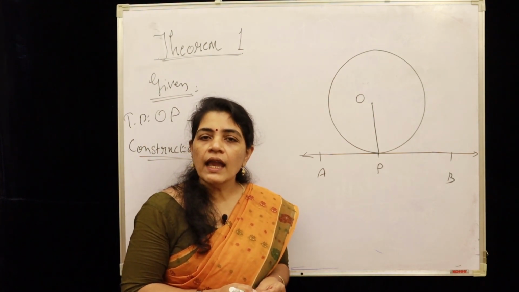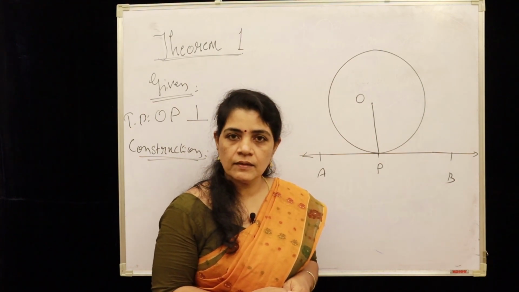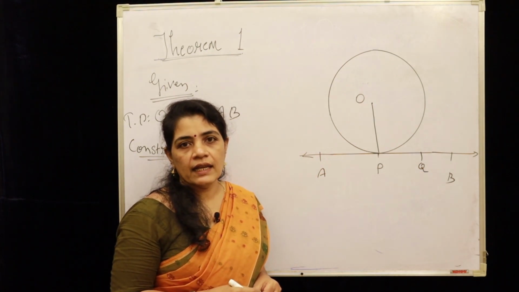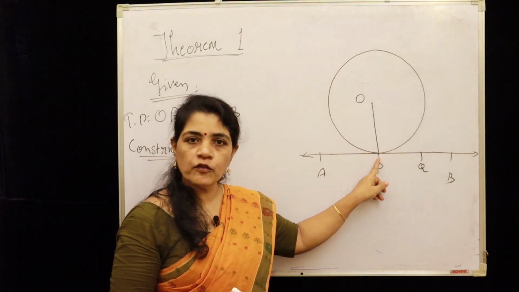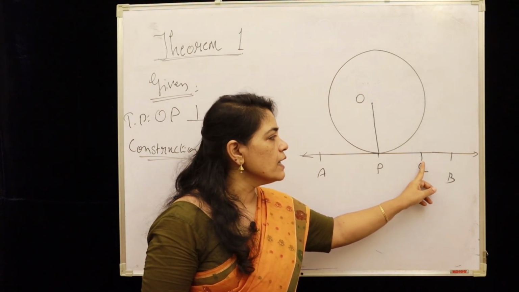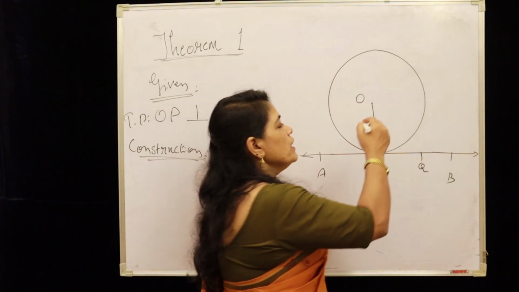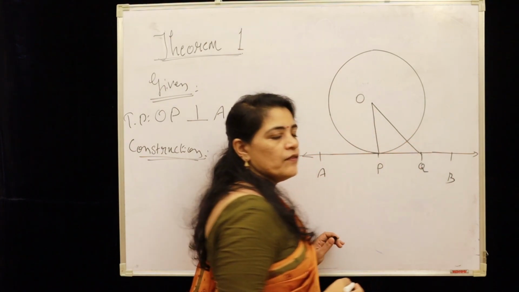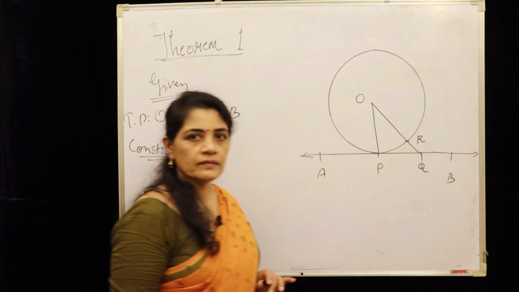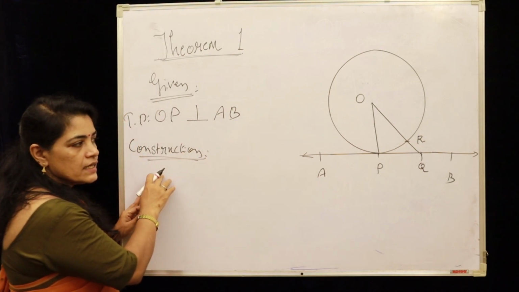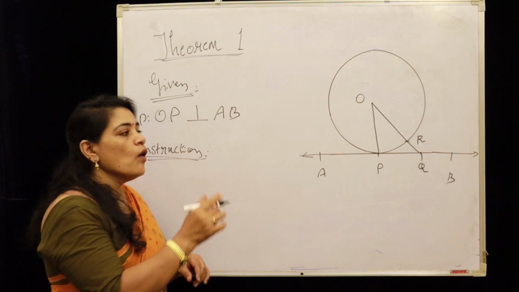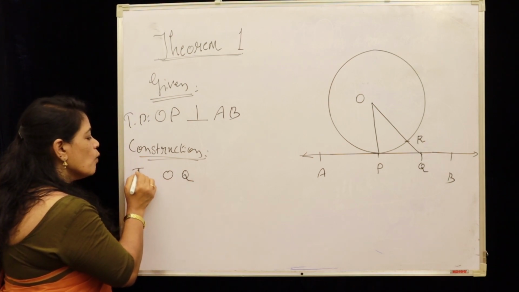For that I have taken a point Q on this tangent AB other than P. We already have the point of contact P; other than P, along this tangent AB, another point Q. I am joining OQ in such a way that OQ intersects the circle at R. So the construction: take a point Q on the tangent AB and join OQ.